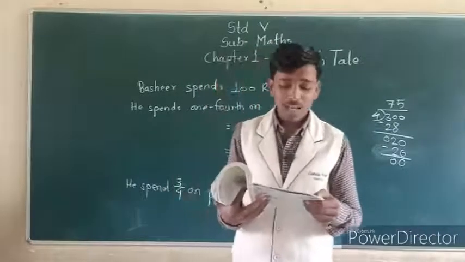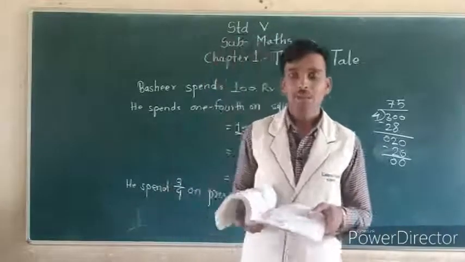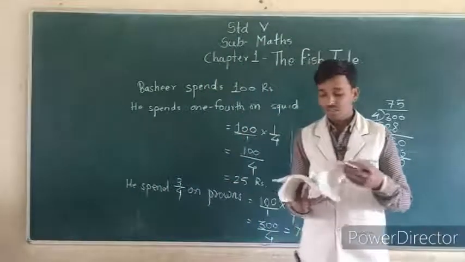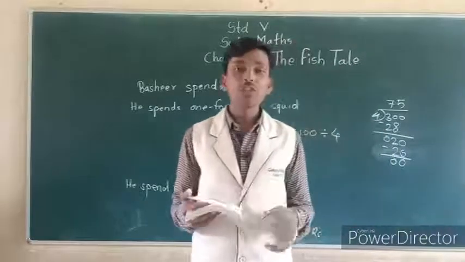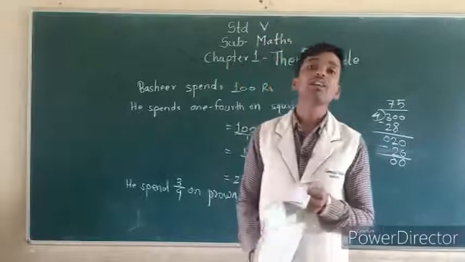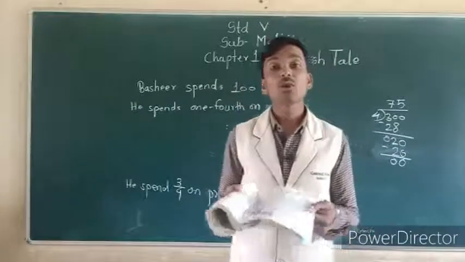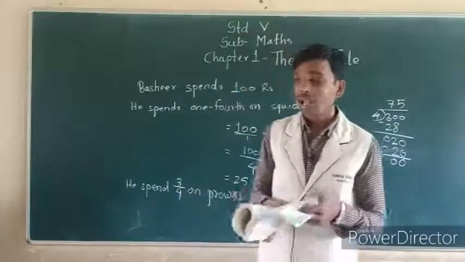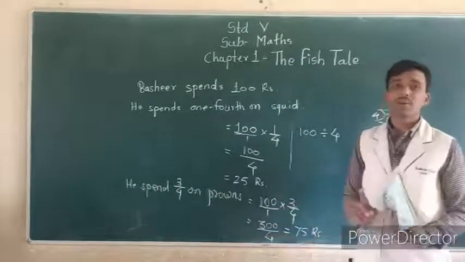Second question: how many kilograms of prawns did he buy? Okay, what is the rate of prawns? See on the back page. For prawns, the rate is 150 per kg. 150 per kg means for 1 kg. Okay, and he can spend 3/4, means only 75 rupees.